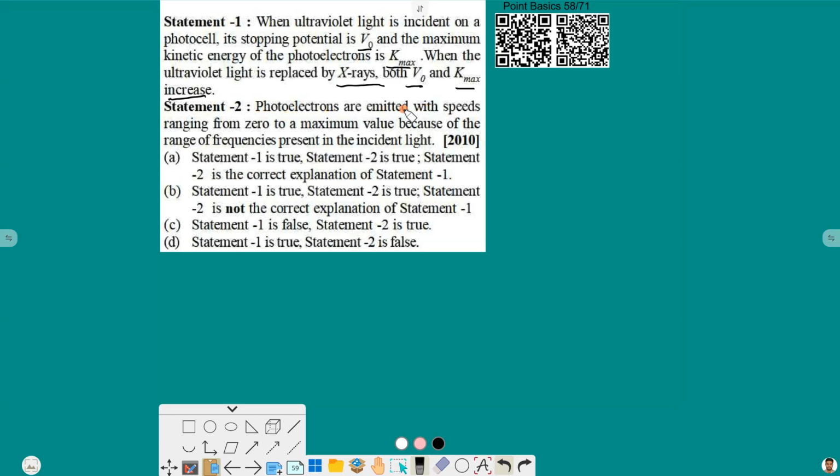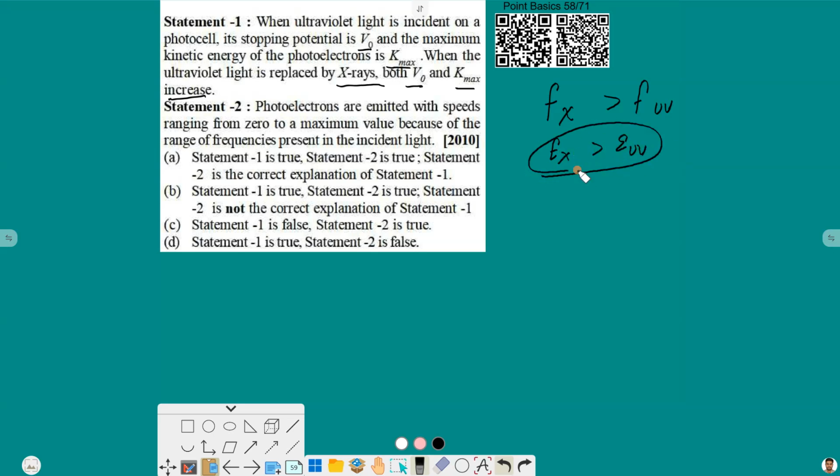Statement 2. Photoelectrons are emitted with speed ranging from 0 to maximum value because of the range of frequency present in the incident light. Now we know that the frequency of X-ray is greater than the frequency of UV radiation. So energy of X-ray will be greater than energy of UV radiation.